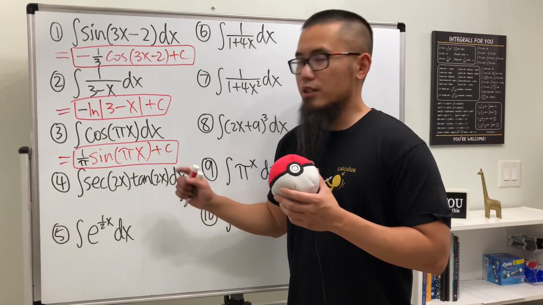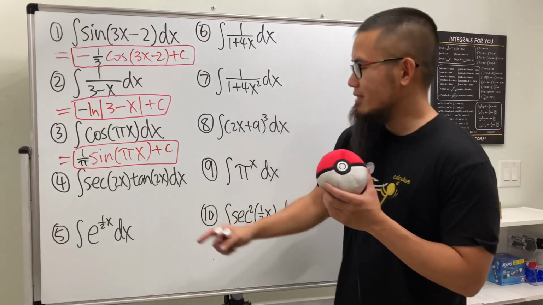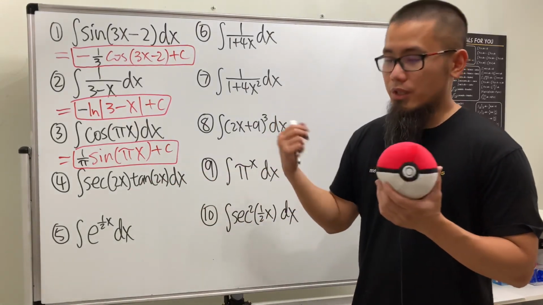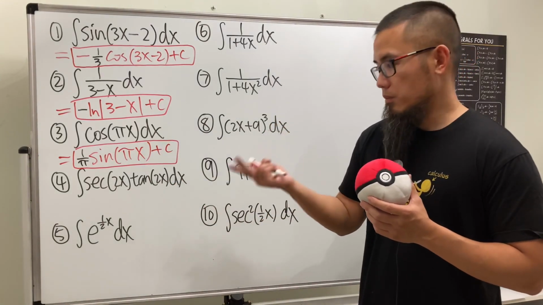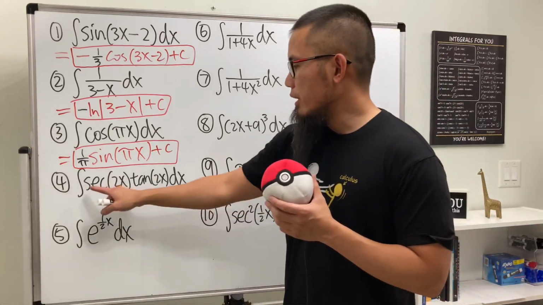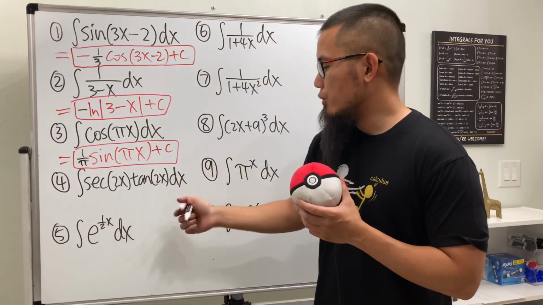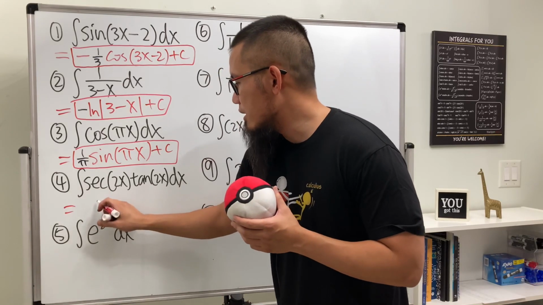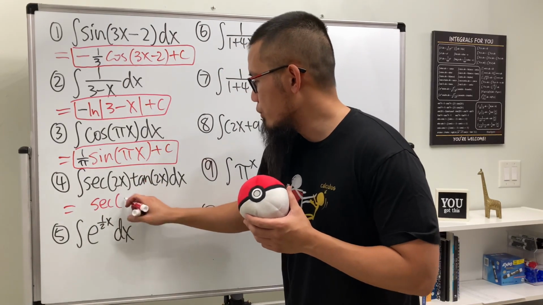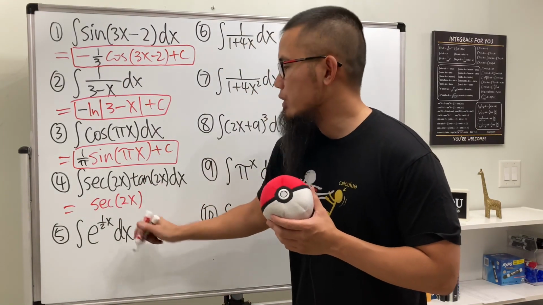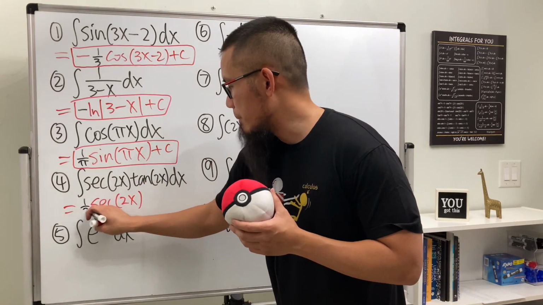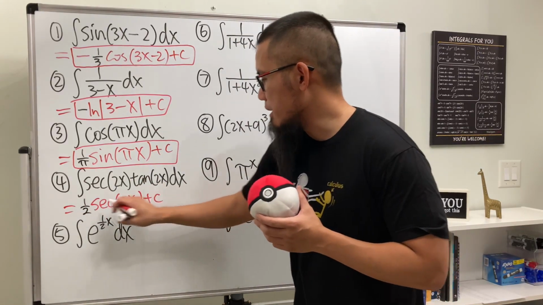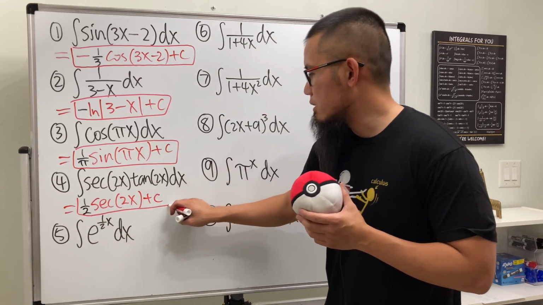This is 2x, this is also 2x. That's good, because that will be the choice for u, which will give us the derivative being 2. So integrate secant u tangent u, we get just secant of u, which is the 2x, and we divide it by 2. So multiply by 1/2, and then put down plus c. That will do it.